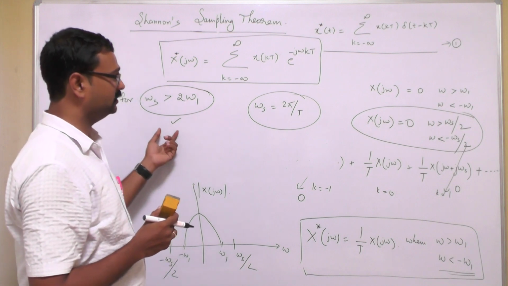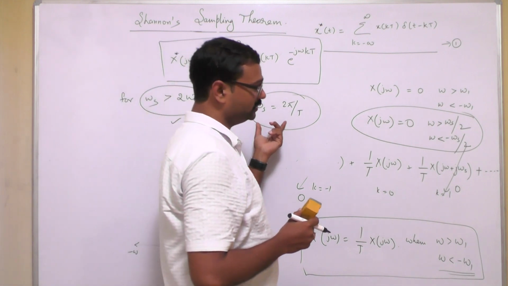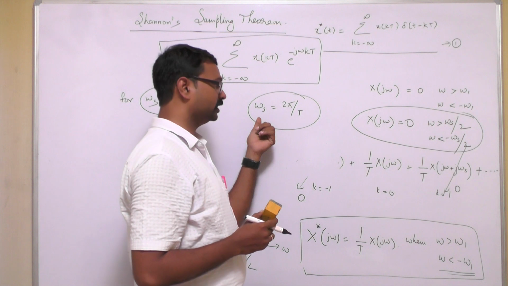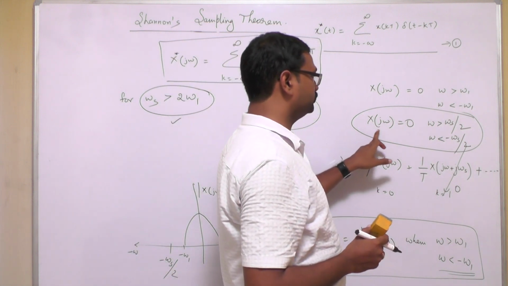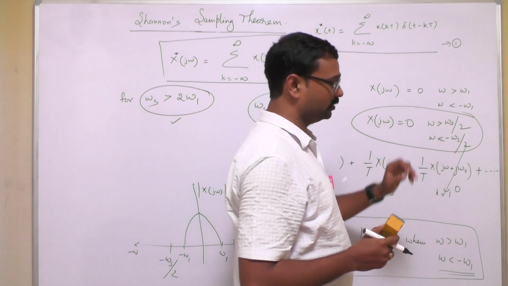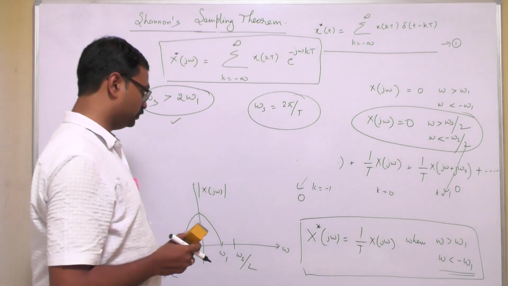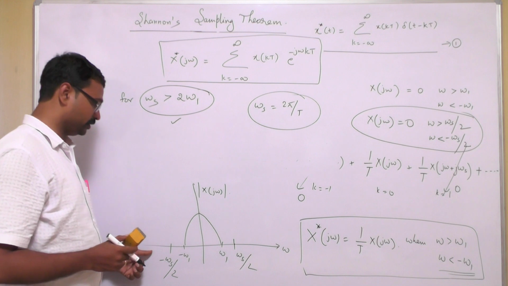With this condition, and omega s equal to 2 pi by T, x of j omega is equal to 0 for all omega greater than omega s by 2 and omega less than minus omega s by 2.